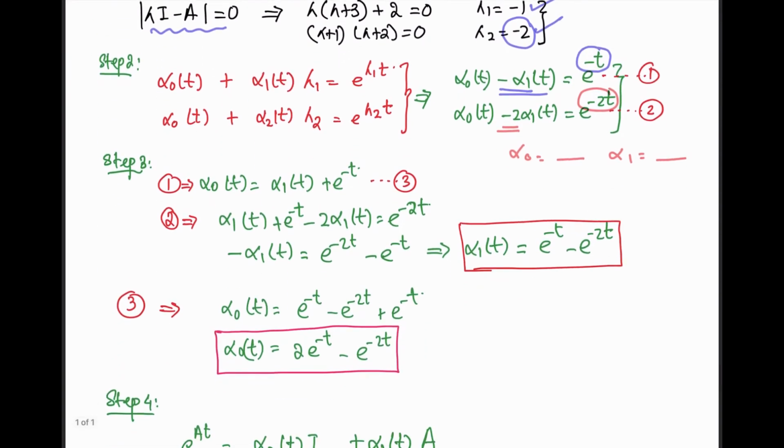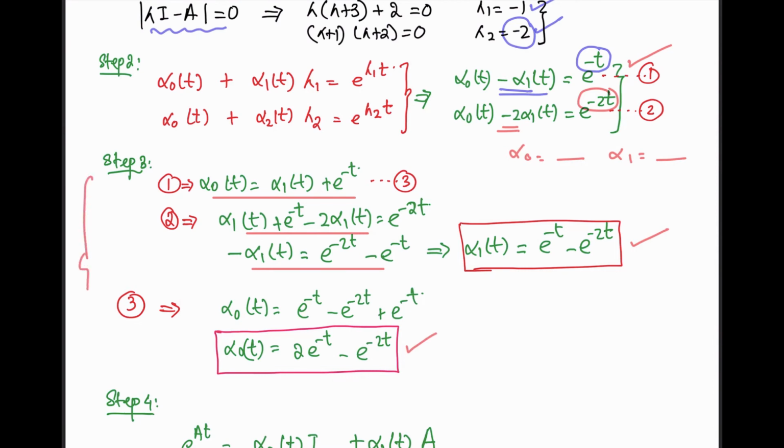Okay, so in step 3 you can see the solution of this one. Our alpha naught will be equal to alpha 1 t plus e raised to the power minus t, obtained from equation 1, and from equation 2 we have this one. So alpha 1 is equal to minus t minus e raised to the power minus 2t, and using this we can find out alpha naught, that is given by this equation.